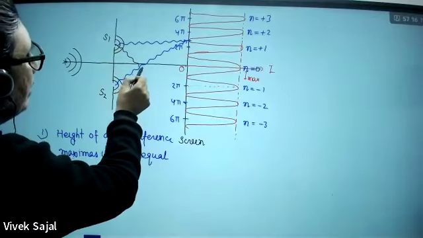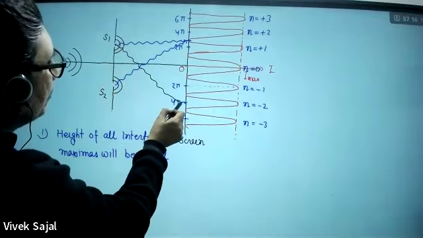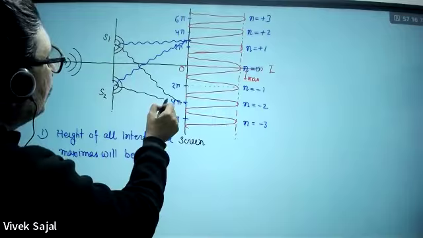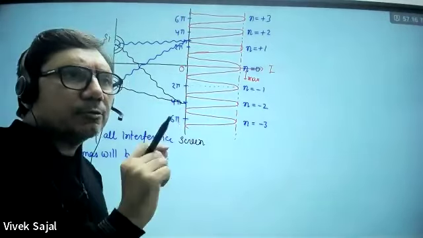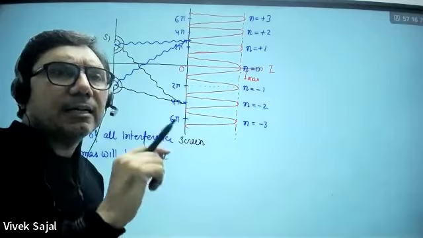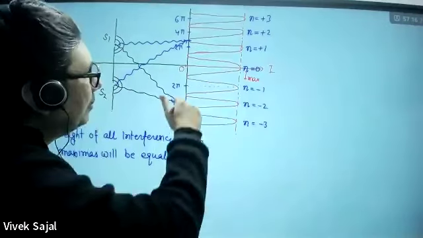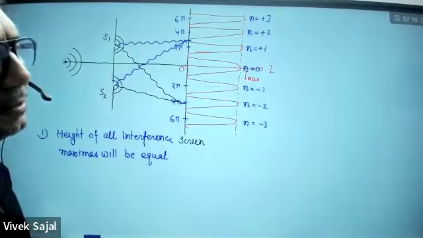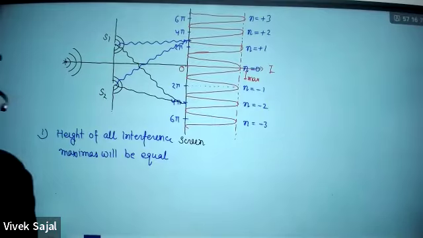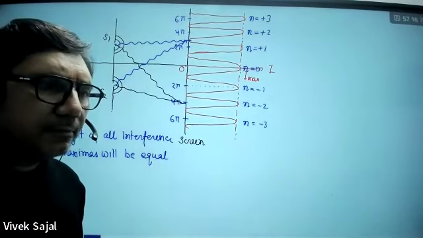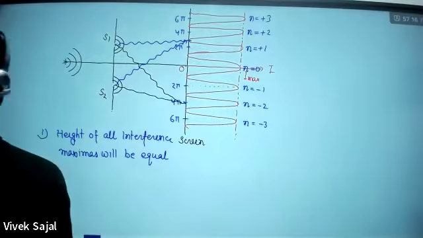Because light reaching at this point from these two sources corresponds to the phase difference cos delta equal to +1. That's why you are getting maximas and minimas here. So the height of all the maximas and minimas will be equal here. Is it clear?